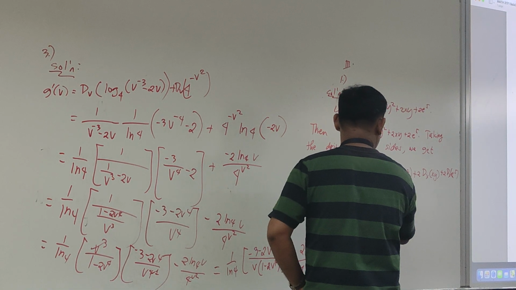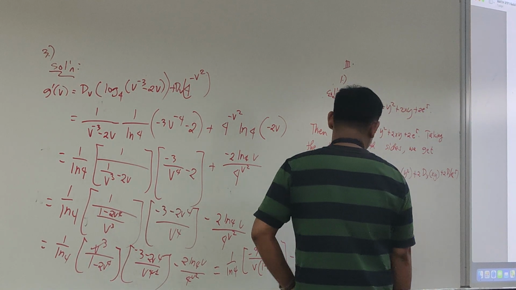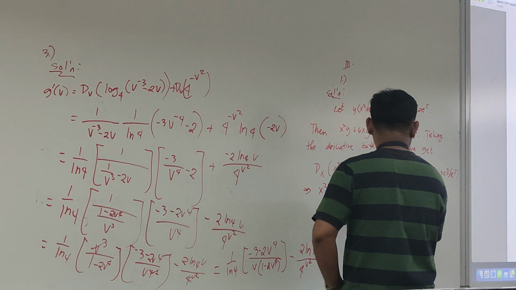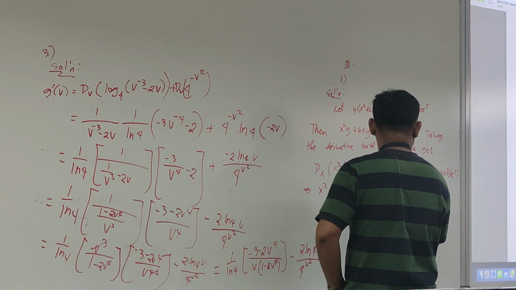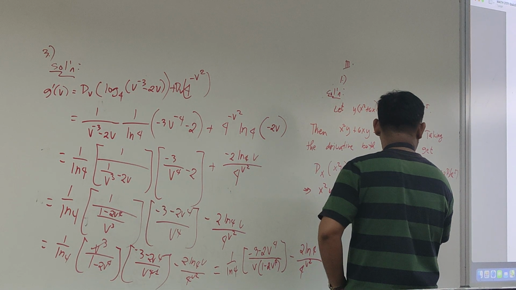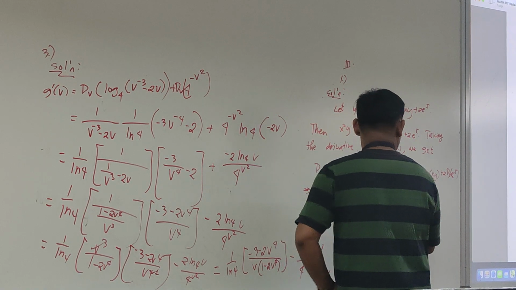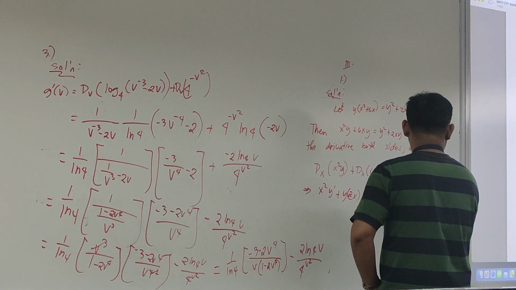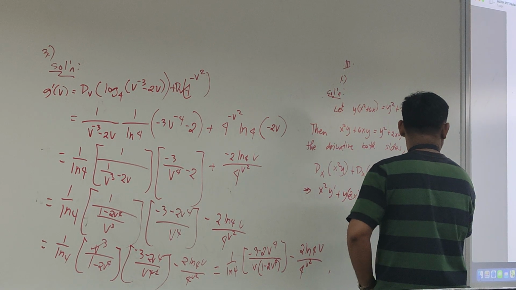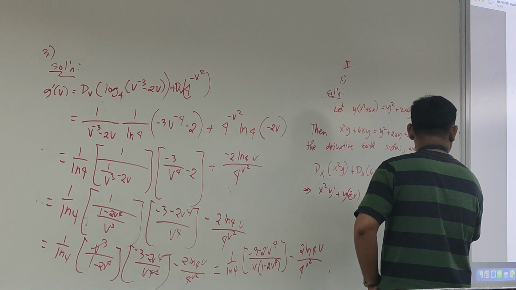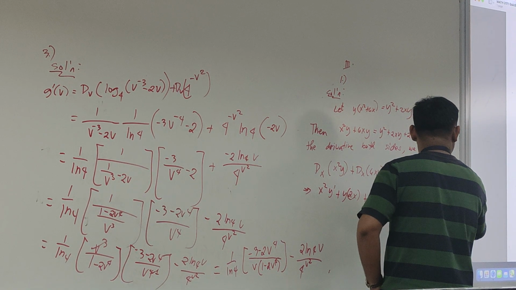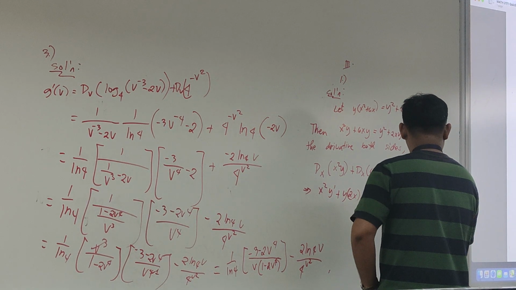2xy, plus 6. So we have xy prime plus y, which is equal to 2y prime plus 2 times xy prime plus y, plus 2.